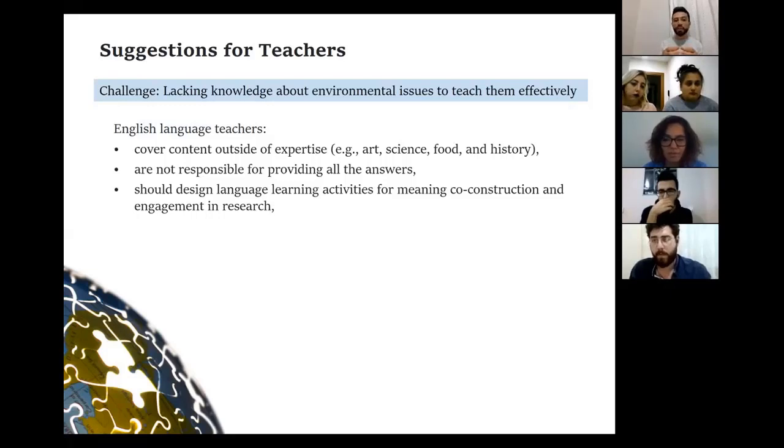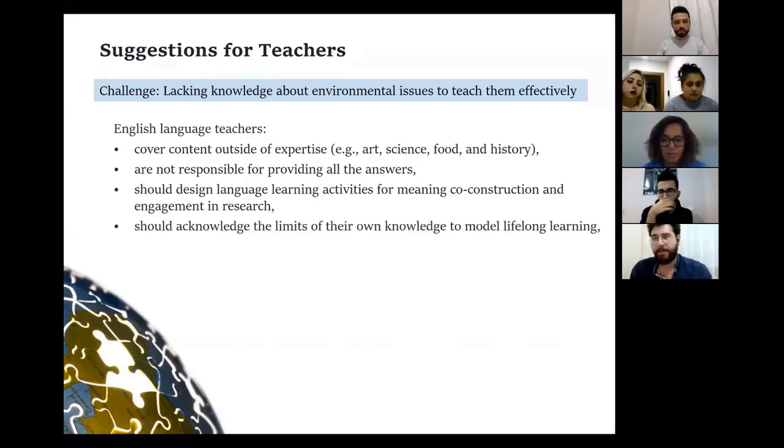It doesn't mean that you are losing the power or the management of the classroom, but rather you're giving some voice and space to your students, and you are empowering your students. As I said, just acknowledge the limits of your own knowledge, because learning is lifelong.